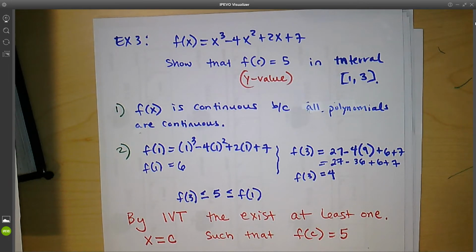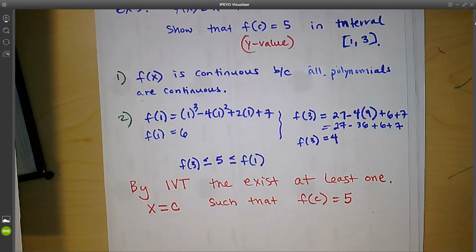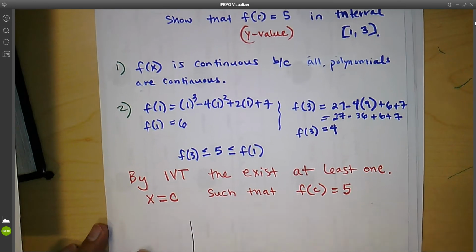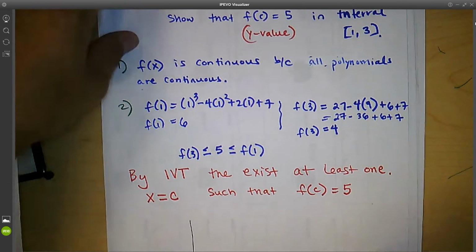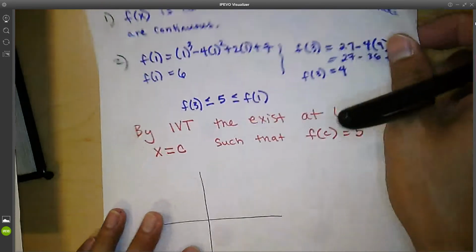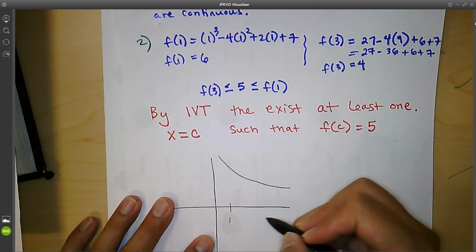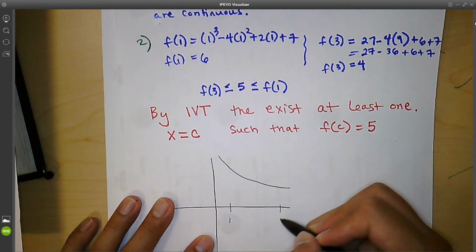Let's also give a graphical picture of that so we know what we're looking at. What does that actually mean? Okay, so here's our graphical picture. We got a polynomial that's continuous. We are concerned about 1 and 3.